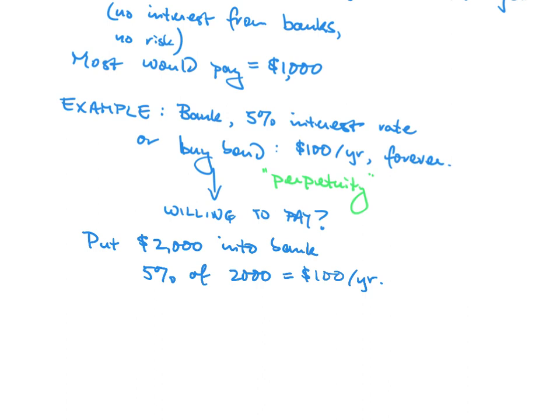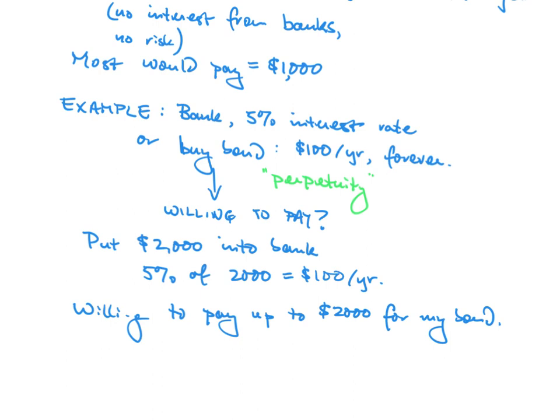So you would be willing to pay up to $2,000 for my bond that I'm selling. Again, what I'm doing is selling this promise that's going to give you a certain stream of payments, and you translate that back into what it's worth right now.